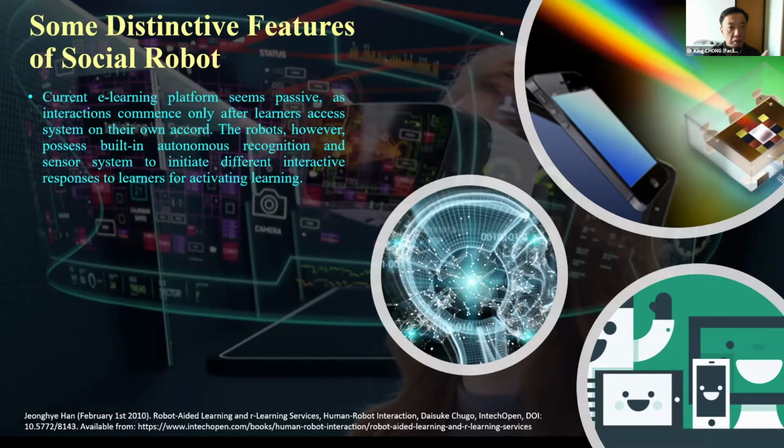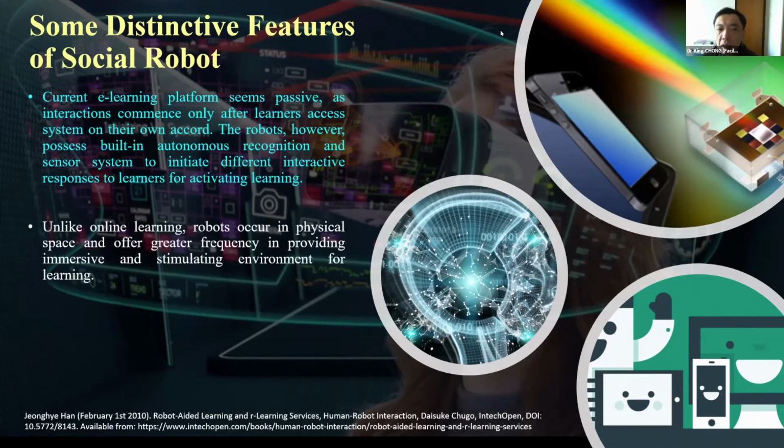So they can use such recognition and sensor systems to initiate different interactive responses for the learner. That means the device itself can activate the learning, not relying on the student to log in to the system. So from passive to more active. Okay, that's the first implication.